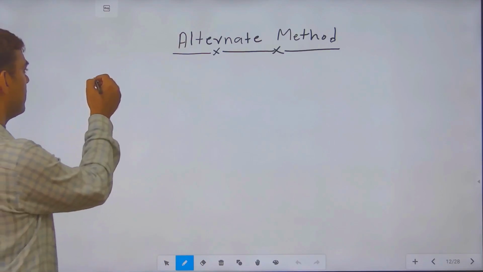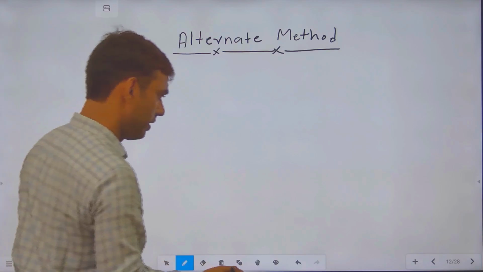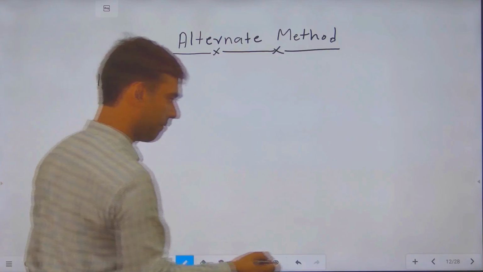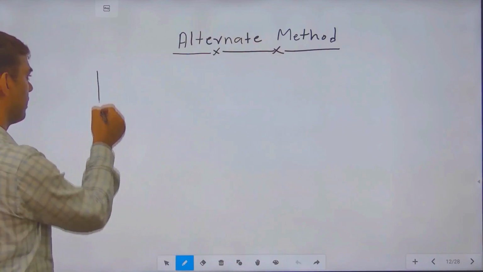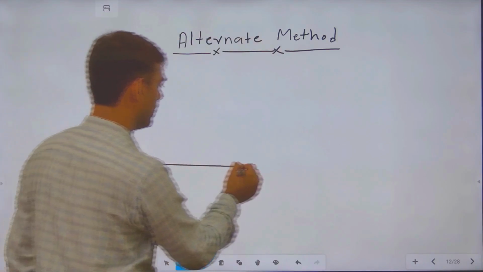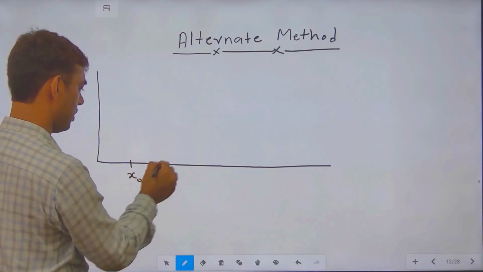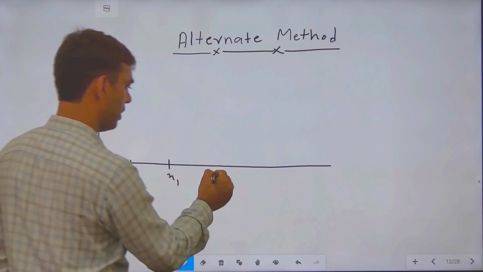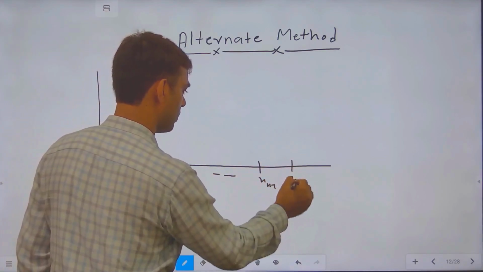Graphically we try to explore this. There are different points x0, x1, and here x_{n-1}, and this one is x_n.